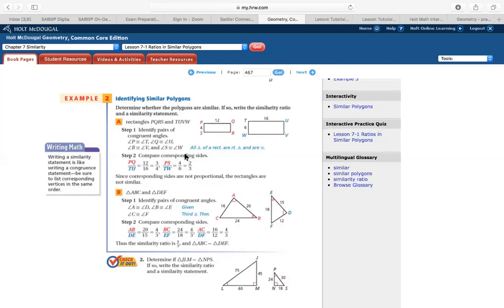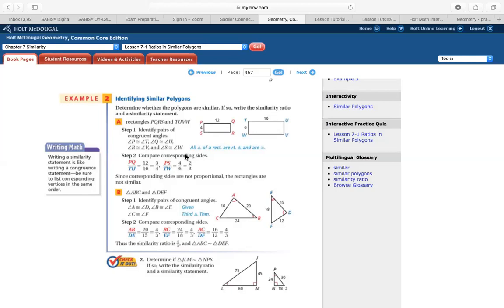Okay? Look, Mais, you see the letters. You remember in the beginning of the lesson, I told you the order of the letters is so important. PQRS and TUVW. If you're going to take PQ, you're going to take TU. If you're going to take PS, you're going to take TW, 4/6.